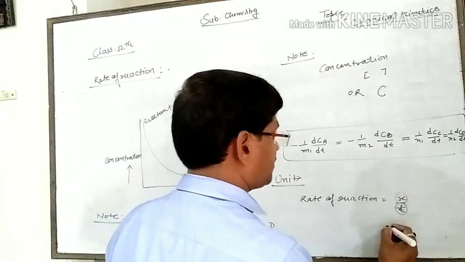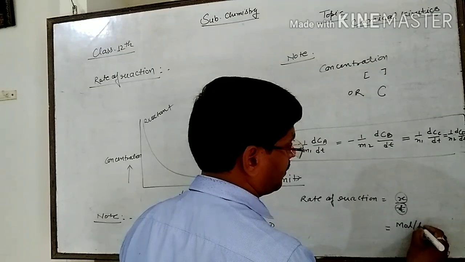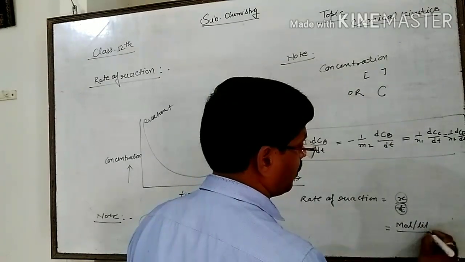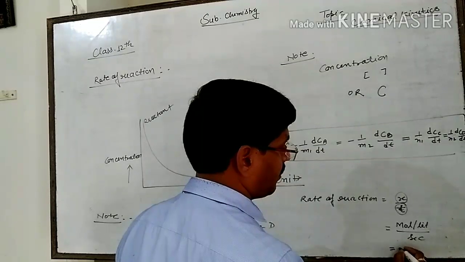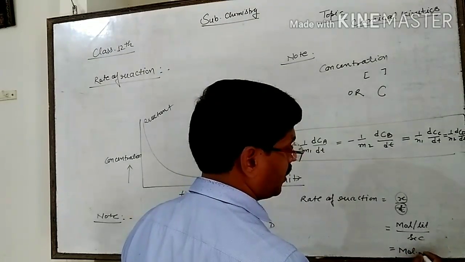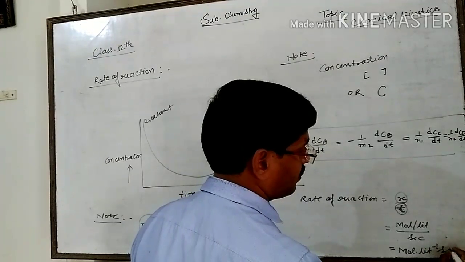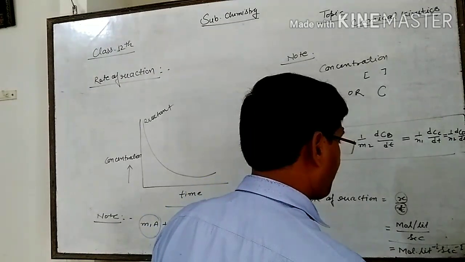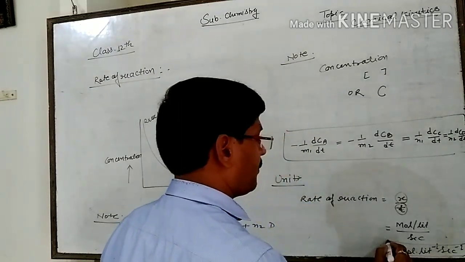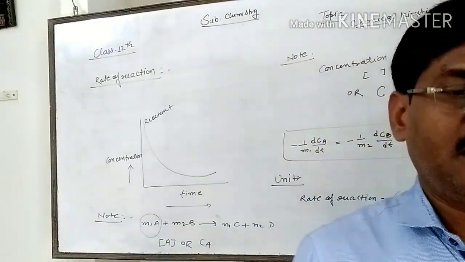So for the concentration, mole per liter upon second. So it will be mole into liter inverse into second inverse. So this is the unit for the rate of reaction.